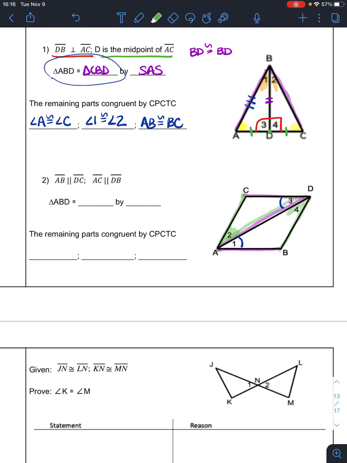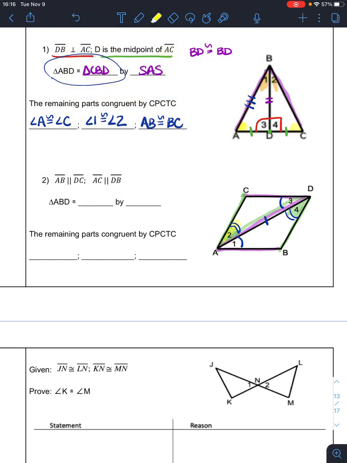So I use that same transversal. So now what that tells me is that 2 is congruent to 4 because of alternate interior angles. And I look and I go, what else do I know? Well, there's several things that I know, but the one that's going to be the most important to me is this one right here. AD is congruent to AD because of the reflexive property.